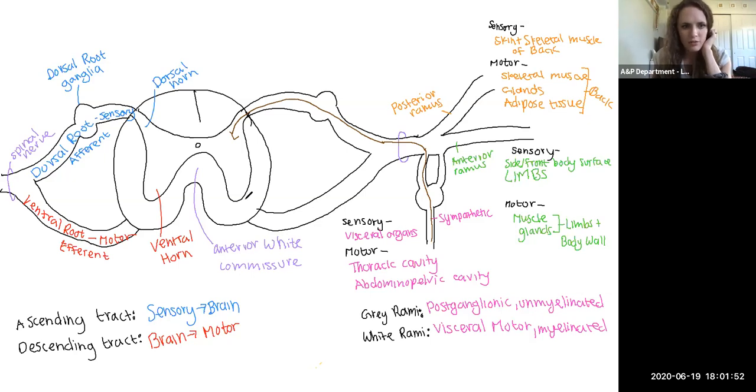It's going to go into your ventral horn, into your ventral root, back through your spinal nerve, and it's going to go out to your limbs. So your limbs can shovel the food into your face. Okay, your limbs are the thing that actually helps you eat.